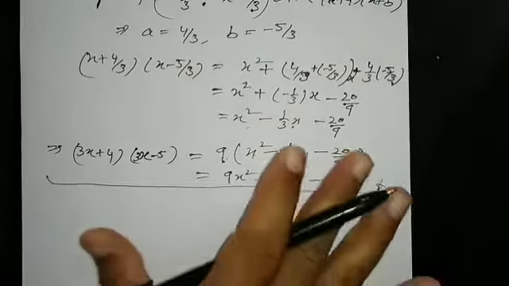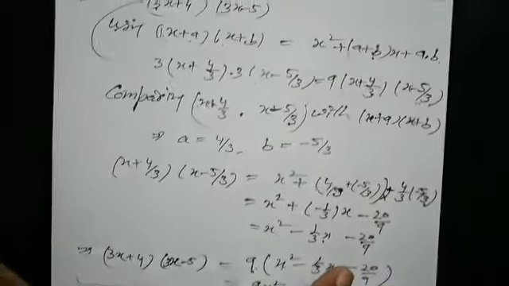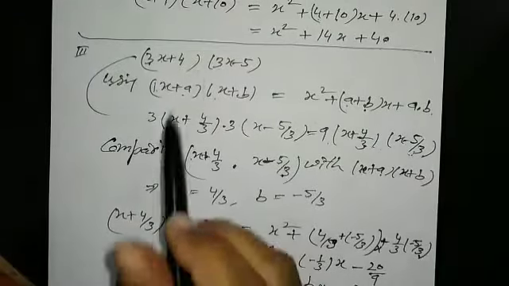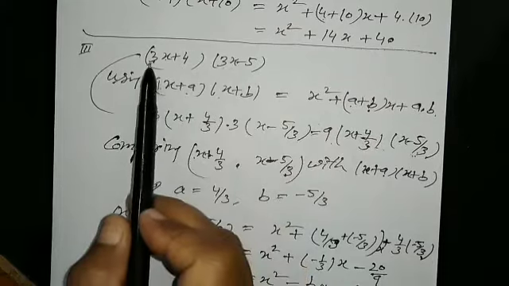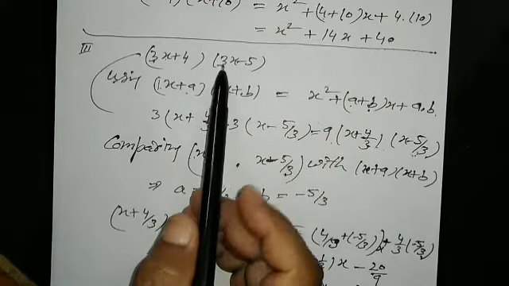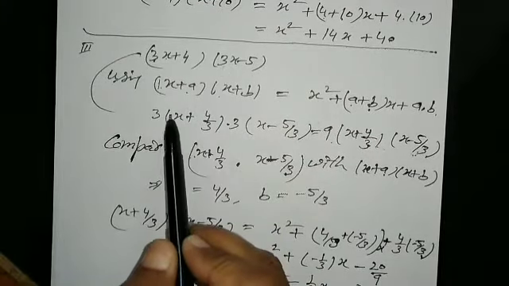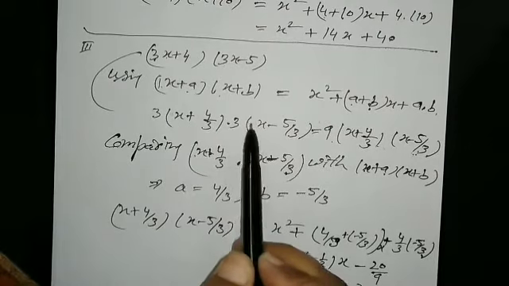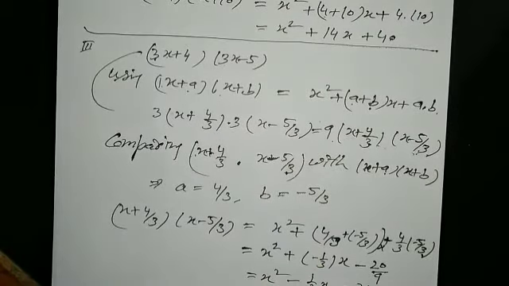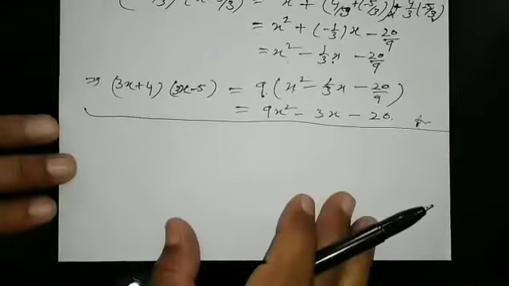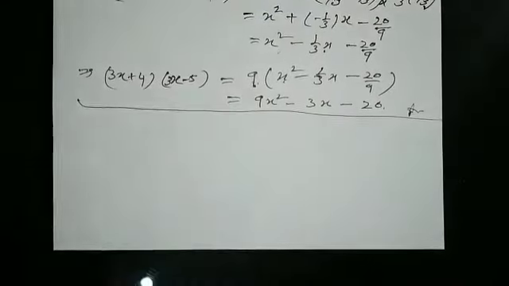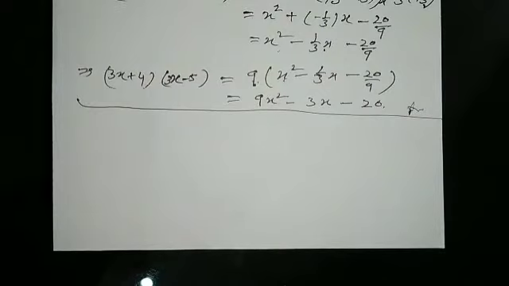So if the coefficient of x and y is not 1, then you have to first make it 1 by taking that factor common, right? And then apply the identity and find the multiplication of those factors, right?